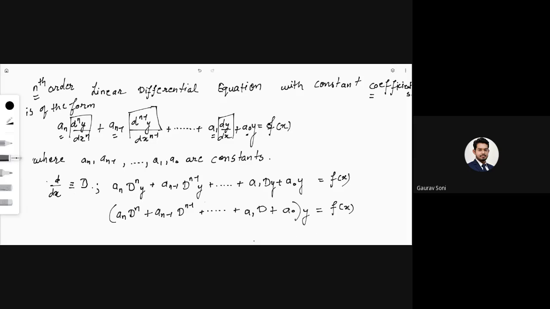Can anyone tell me what is this bracketed term? Anyone, what is that bracketed term?